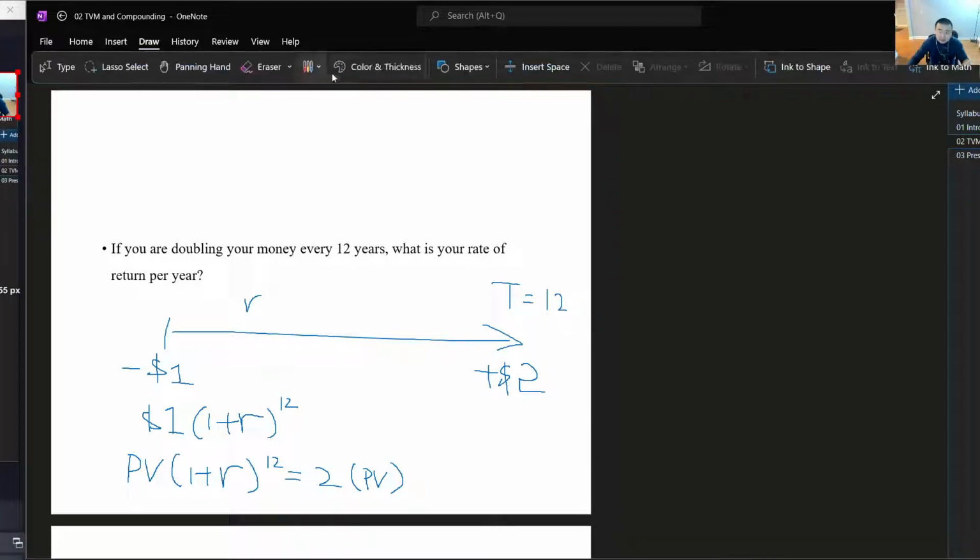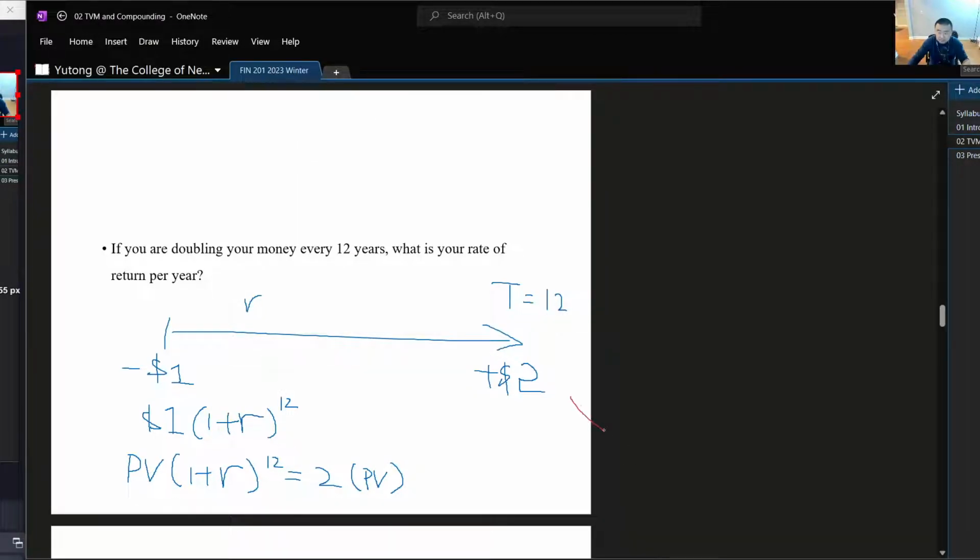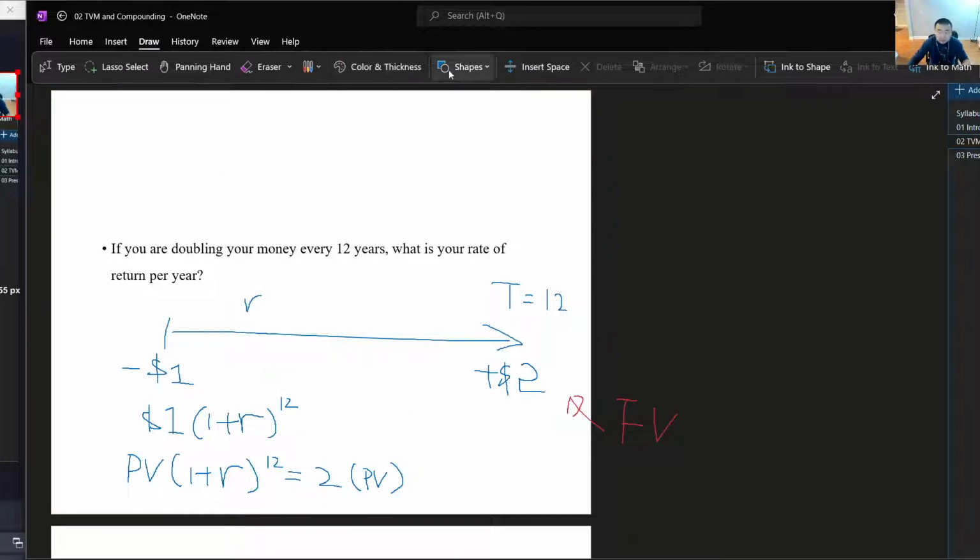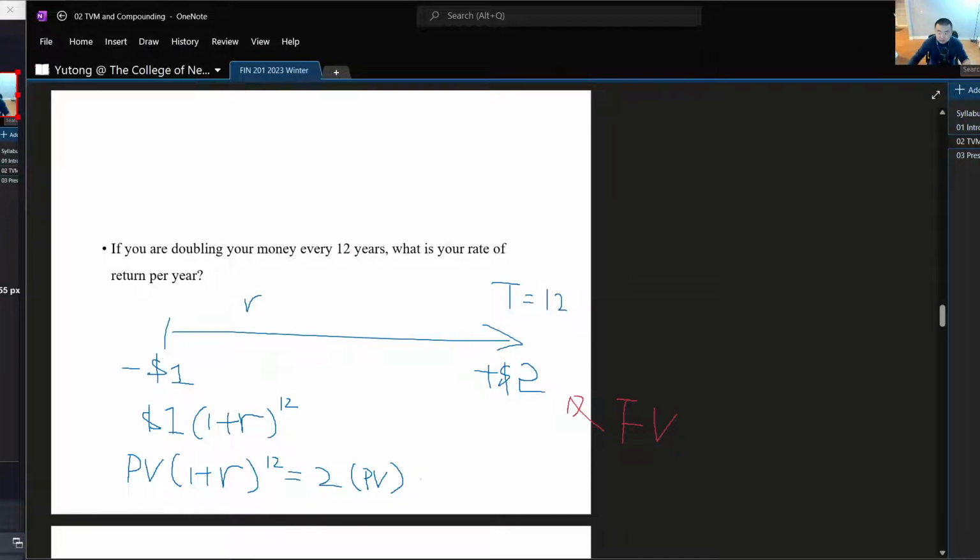I forgot to give a name to this ending period value, so this is called FV, future value. So can you solve it?